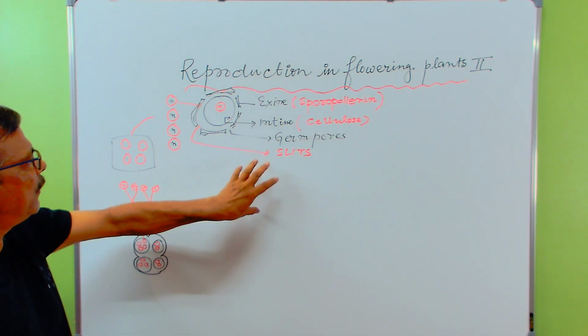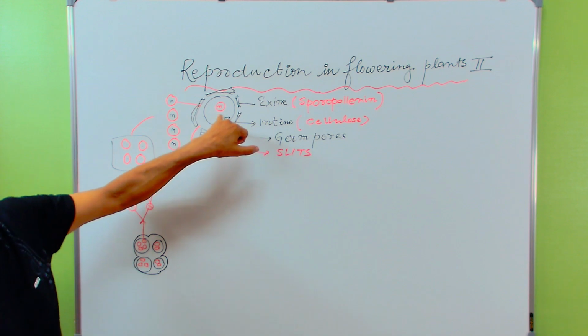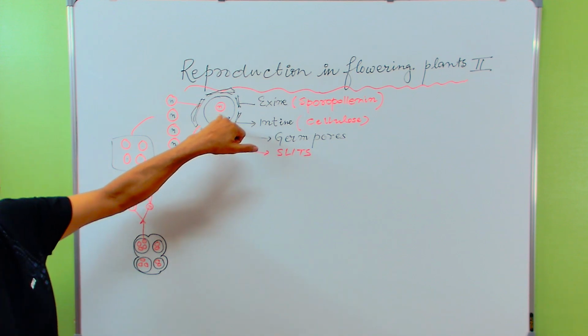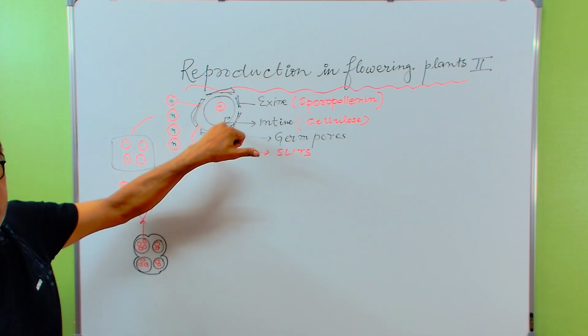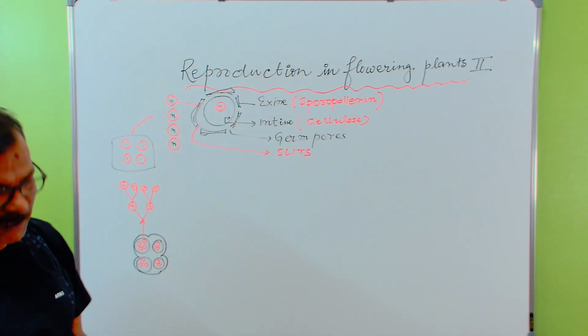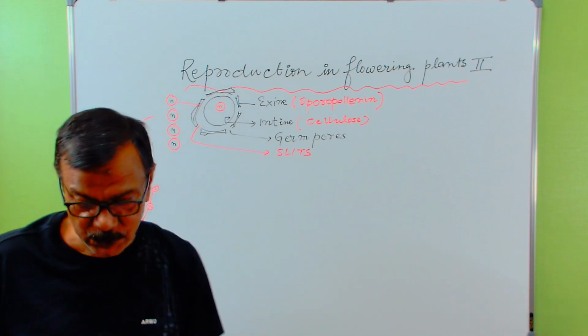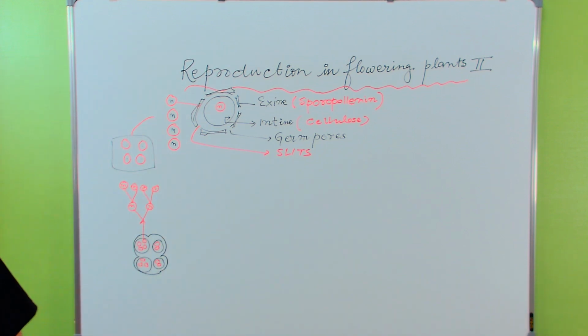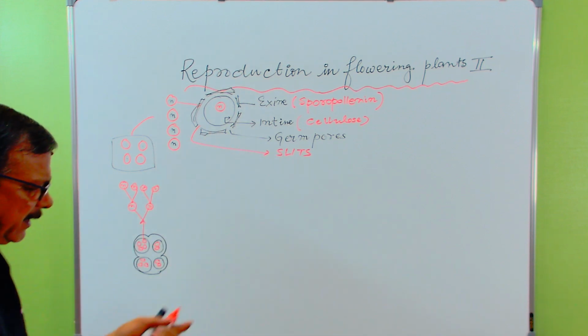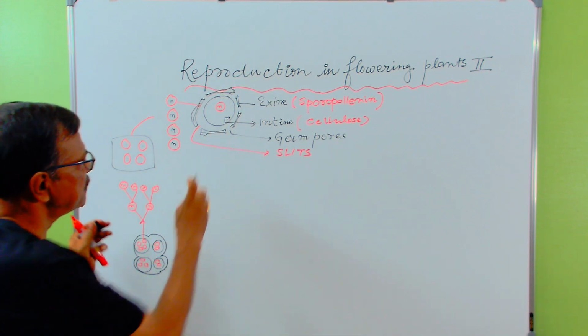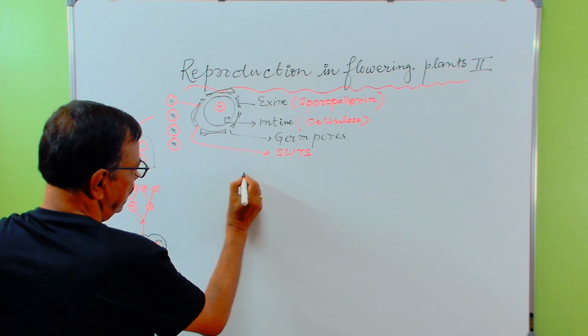Now, this is not a male gamete. Till now we are not saying that this is a gamete. We are saying that it is a microspore. These microspores undergo division. Now I will draw this microspore like this.